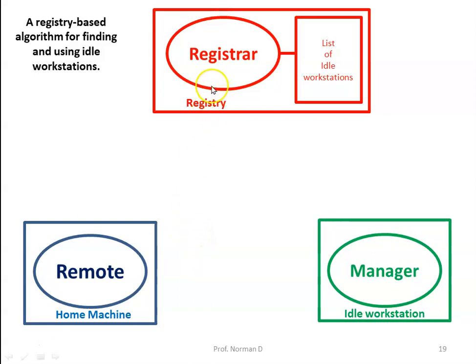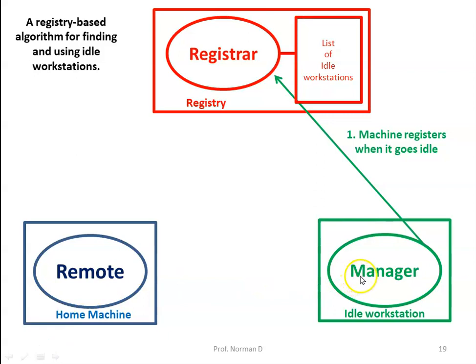In this registry there is a registrar which maintains the list of all the idle workstations. The first step is that an idle workstation registers itself with the registrar. So whichever idle workstations are there, all the information will be maintained in the registry.